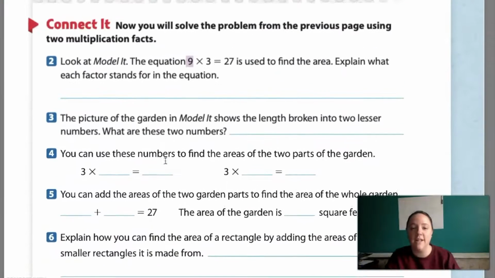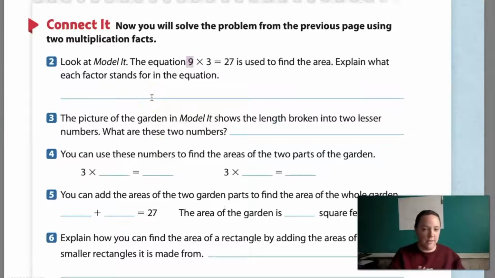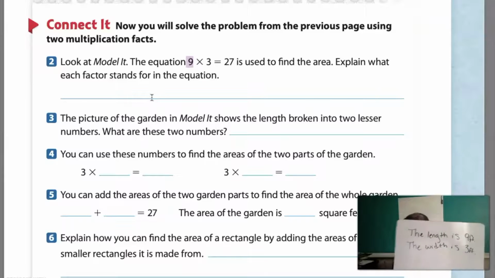So you're going to write on your paper, it's going to say the length is 9. The width is 3. You can say feet too. Just like that.